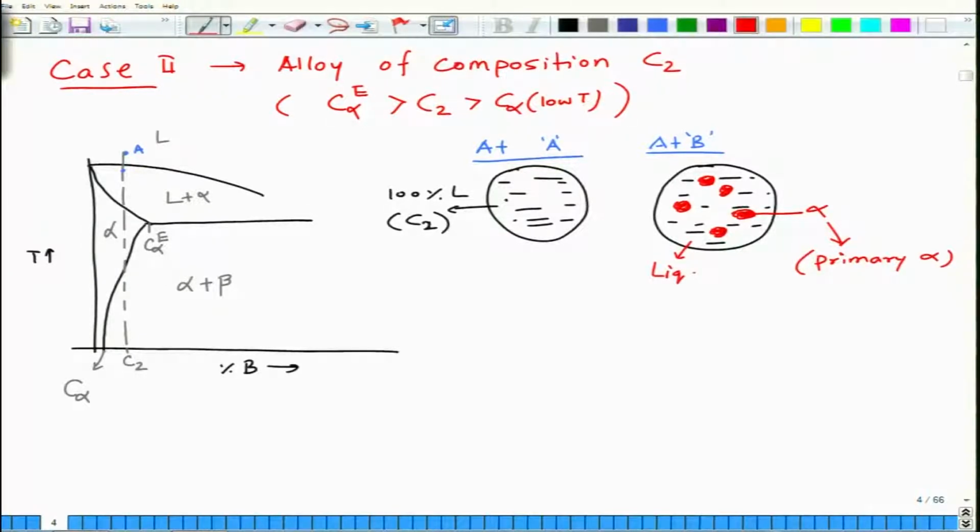When you come to point C, I will not discuss the complete solidification through this line.